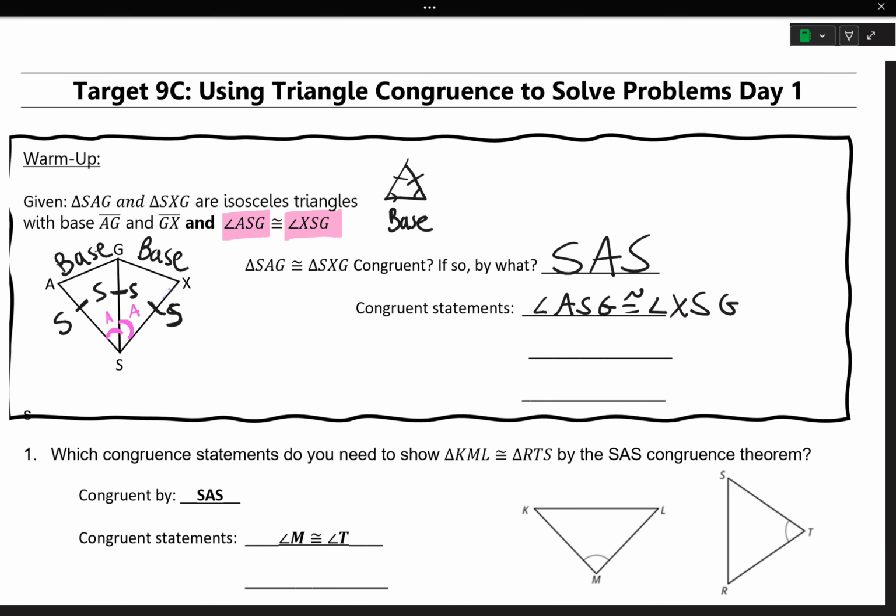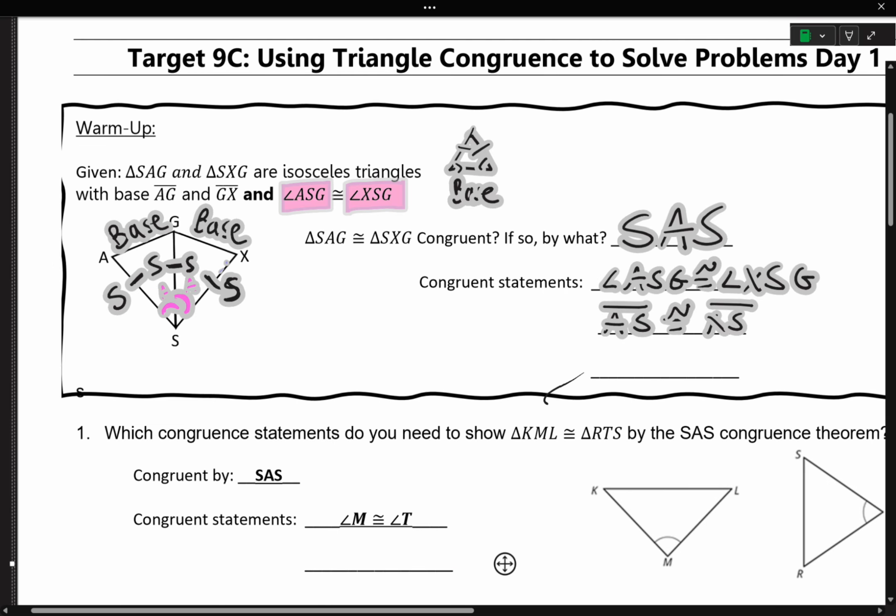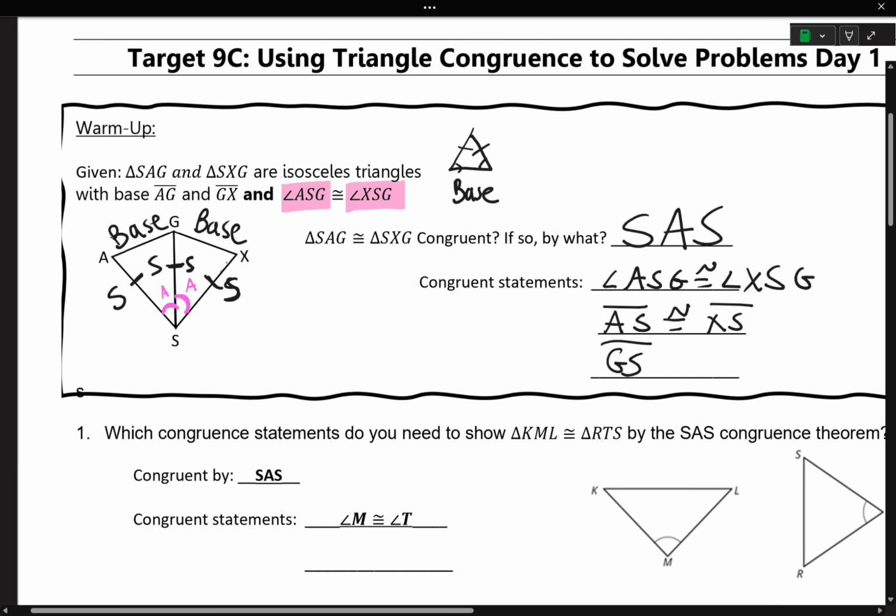We're just practicing statements, not writing the reasons right now. We can also say that the outside sides are congruent: side AS is congruent to XS. And we could also say that the middle is congruent to itself, just to practice that reflexive property.